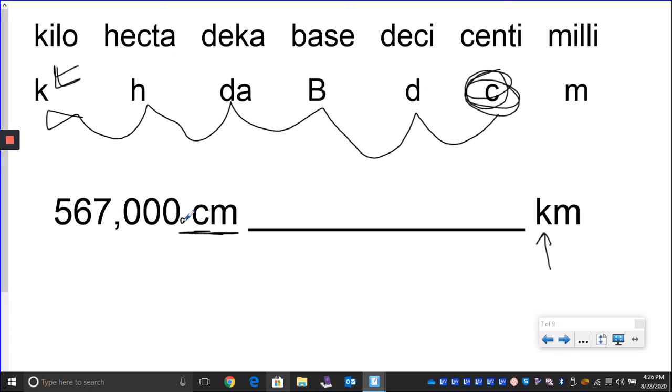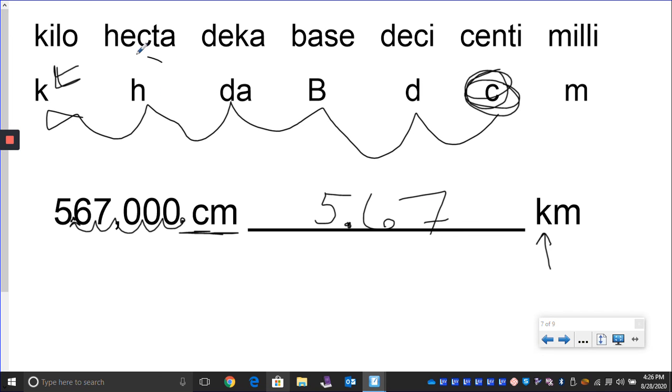Here's my decimal point here. 1, 2, 3, 4, 5 swingy dingies right there between the 5 and the 6. Put your decimal point back. It's very important. 5.67 kilometers.